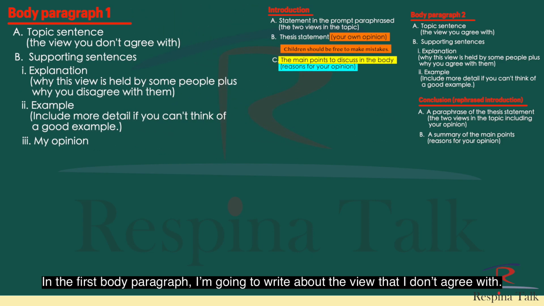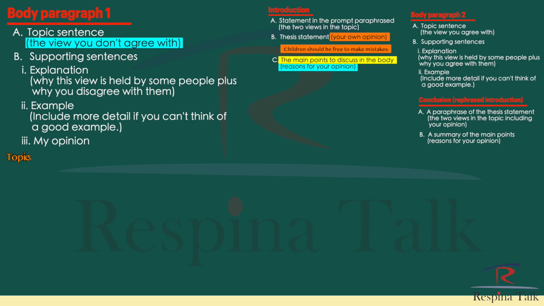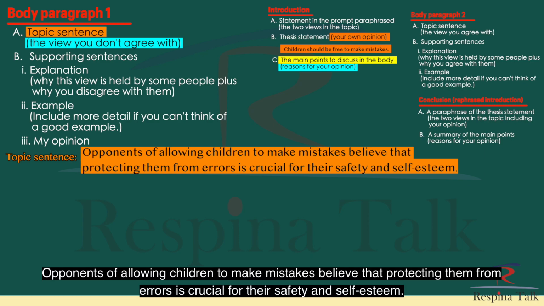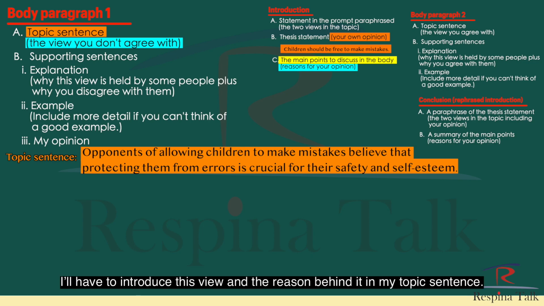In the first body paragraph, I'm going to write about the view that I don't agree with. This is my topic sentence. Opponents of allowing children to make mistakes believe that protecting them from errors is crucial for their safety and self-esteem. I'll have to introduce this view and the reason behind it in my topic sentence.